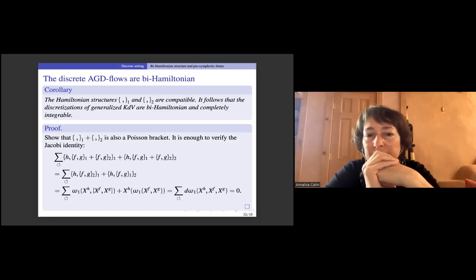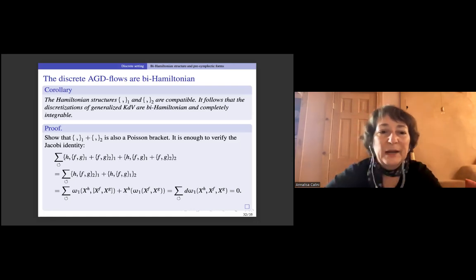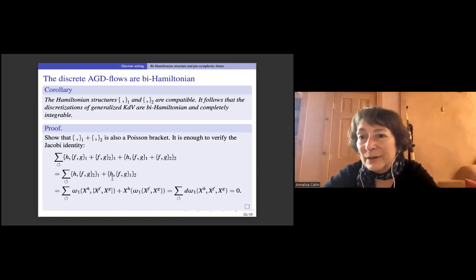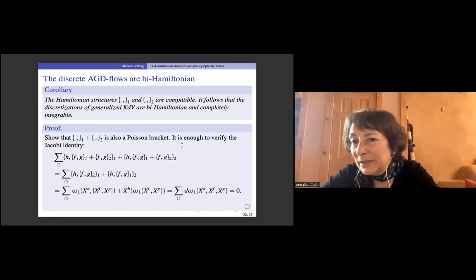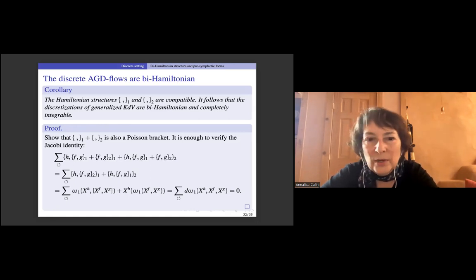And the way we do it is simply through this type of identities. We need to show that the sum of the two Poisson structures found by Gloria and Jinping is a Poisson bracket. The only thing left to verify is really the Jacobi identity. That's where they couldn't do it.